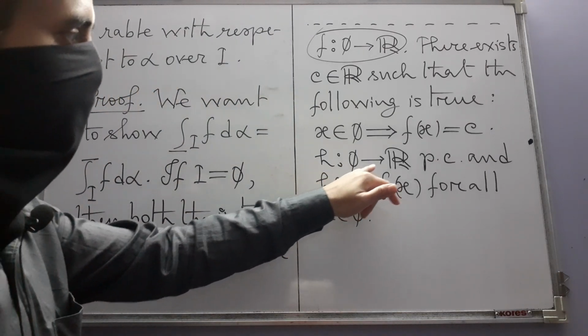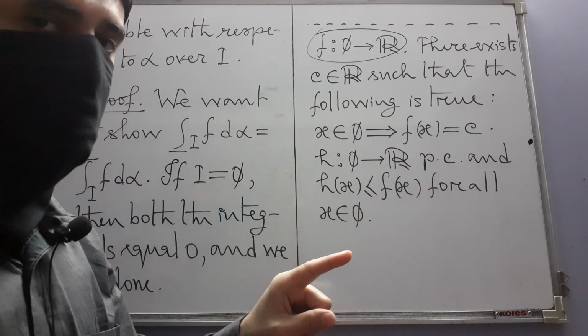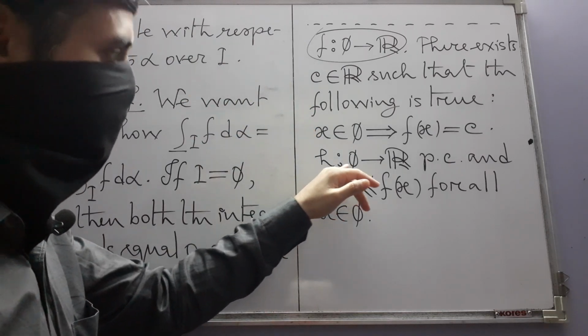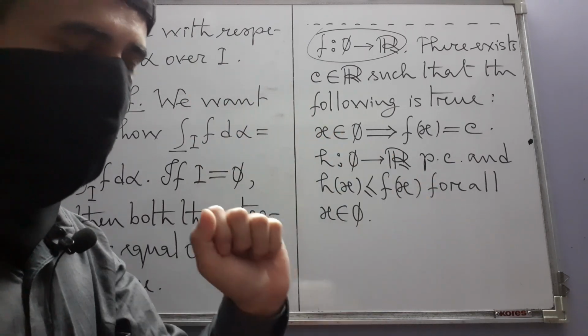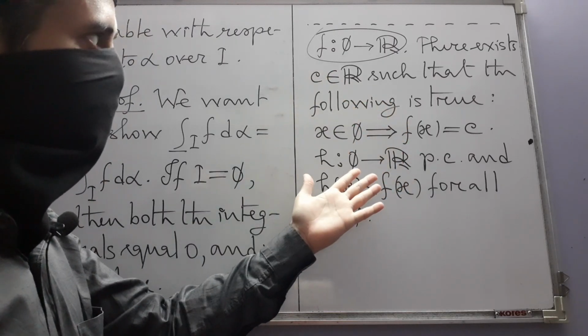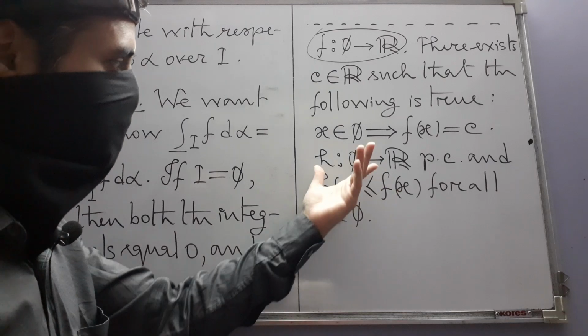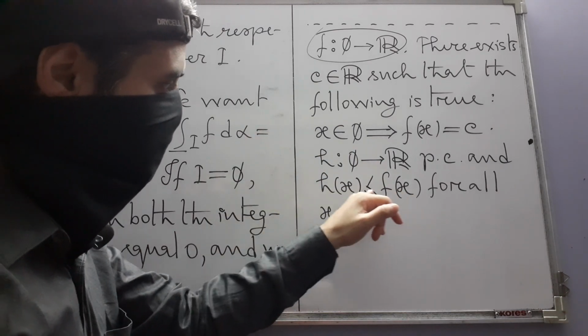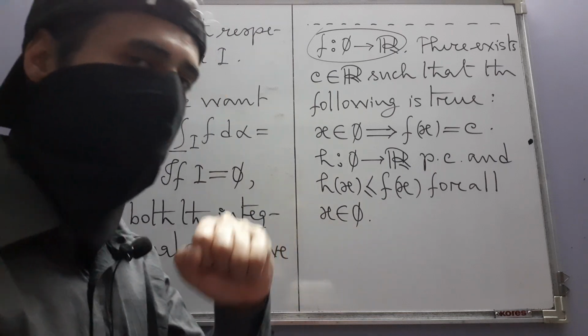Note that our h also is the empty function. Actually h is equal to f because there can be only one empty function with a given range. Just now we have seen that f is constant and so piecewise constant, and so is h. Also, this inequality is true again vacuously.